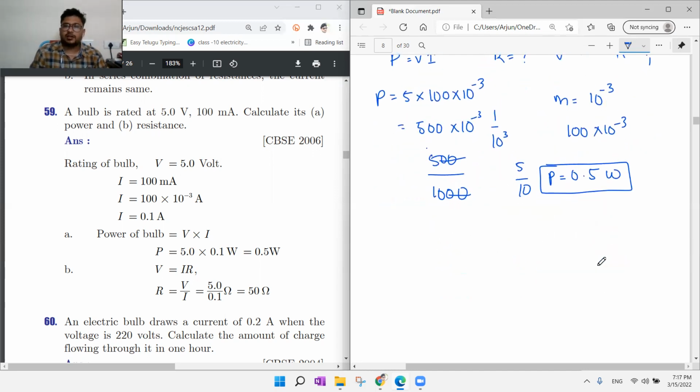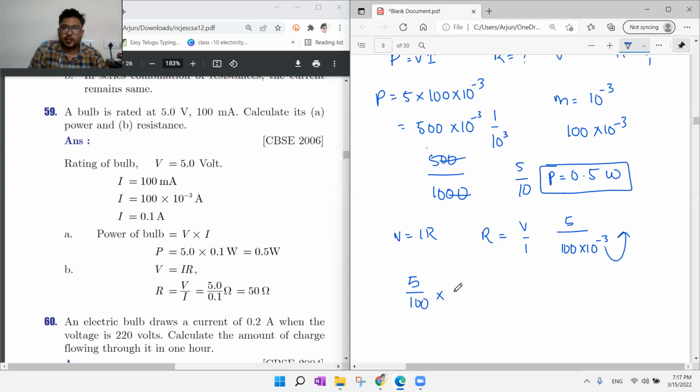And we have to find R value. We know Ohm's law. V is equal to IR, R is equal to V by I. V value is equal to 5 volt upon I value is equal to 100 milliamp, 100 into 10 to the power of minus 3. So this can be written as 5 by 100 multiplied with 10 to the power of minus 3.